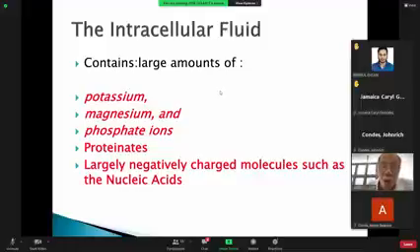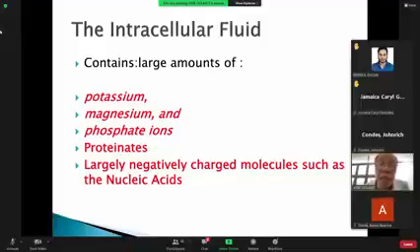I now use the word homeostatic level referring to the original concentrations of ions in the ECF and the ICF. So when you talk about homeostasis, you are talking about the dynamic equilibrium between the contents of ions inside and the contents of ions outside.